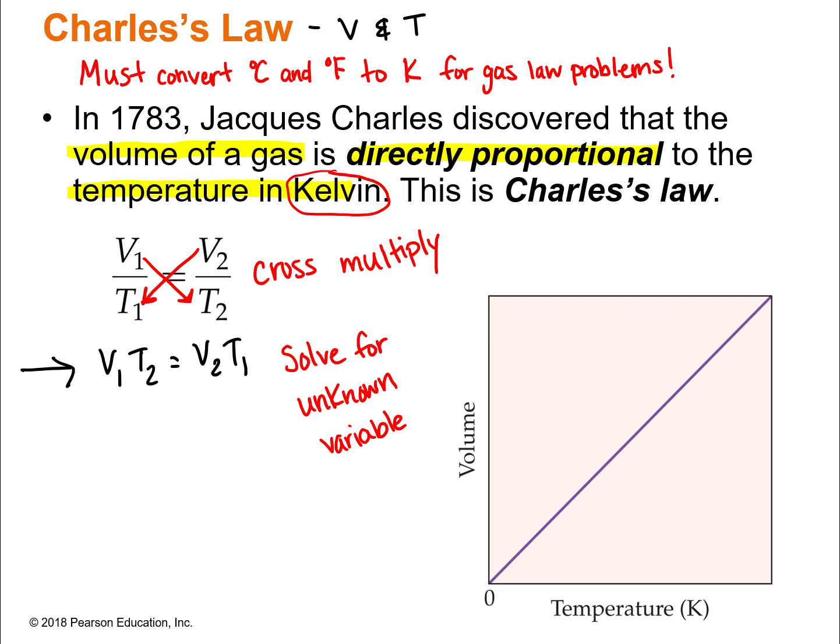Yeah. So what I give you on the equation sheet is going to be this. You need to know that you need to cross multiply and solve for your unknown. I prefer to rearrange the equation with just the variables and then plug in the numbers. If you feel more comfortable to just plug in the numbers and then rearrange, that's totally fine.